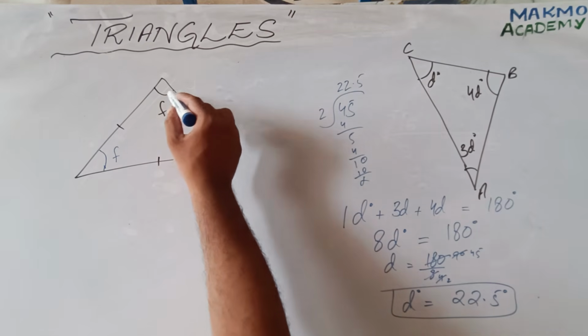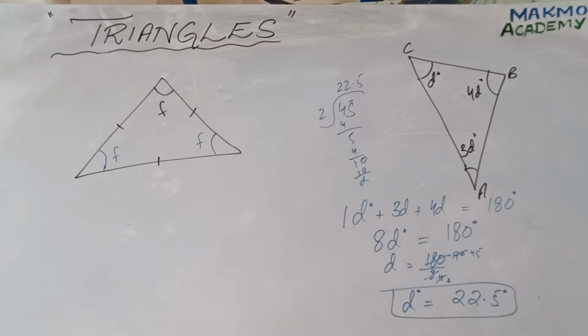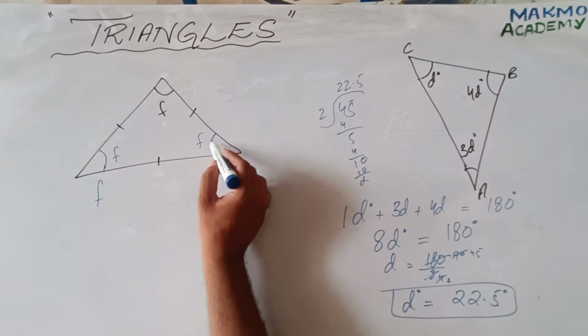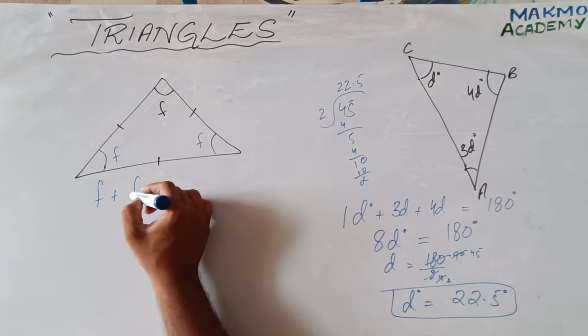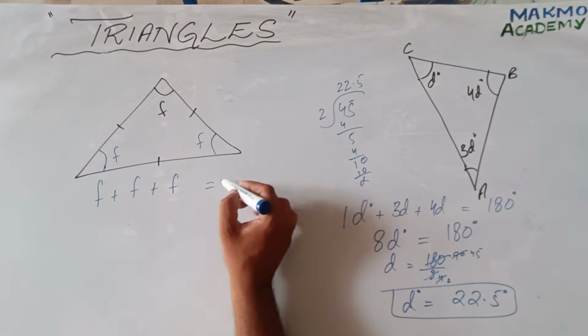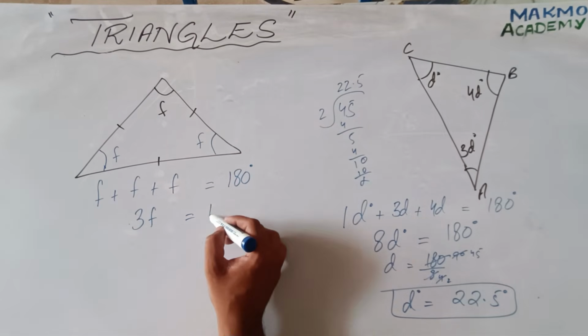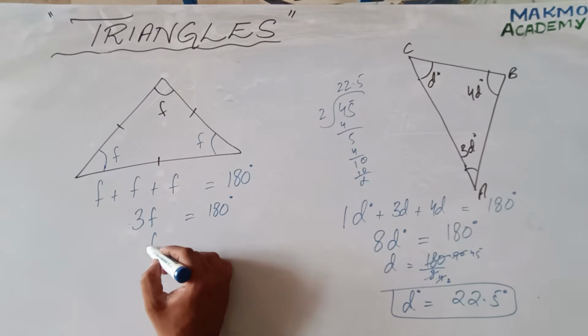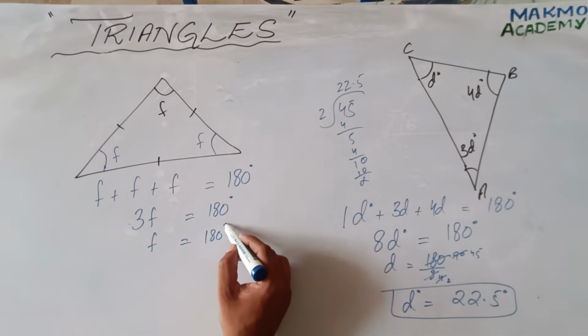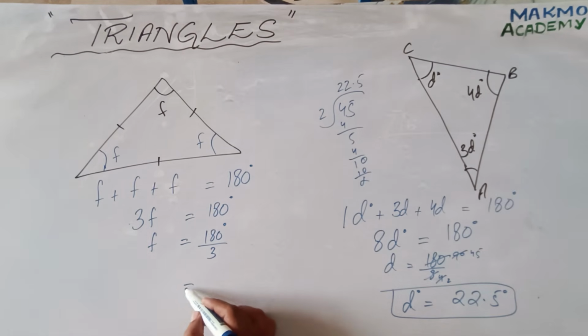So if this angle is f, this would also be f. Now we know the size of every single angle. F plus f plus f is equal to 180 degrees. 3f is equal to 180 degrees. F is equal to 180 upon 3. So the answer is 60 degrees.